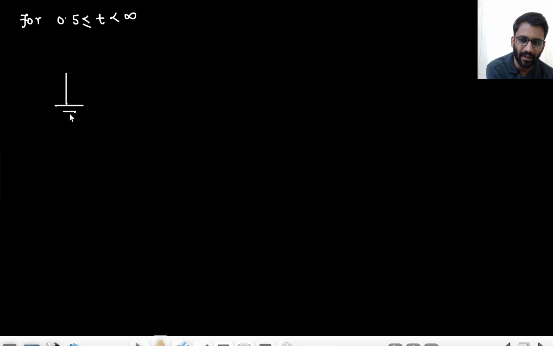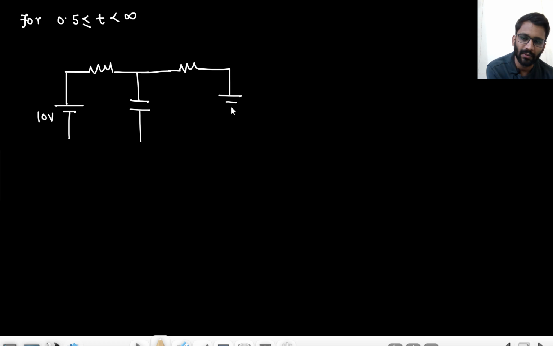7.13 volt. Now what is happening for 0.5 to infinity? This 10 volt source will be there, right? This voltage source will be there. This resistance will be there. This capacitor will be there. There is one more resistor and a battery of 20 volt. So this will be your circuit now, right?